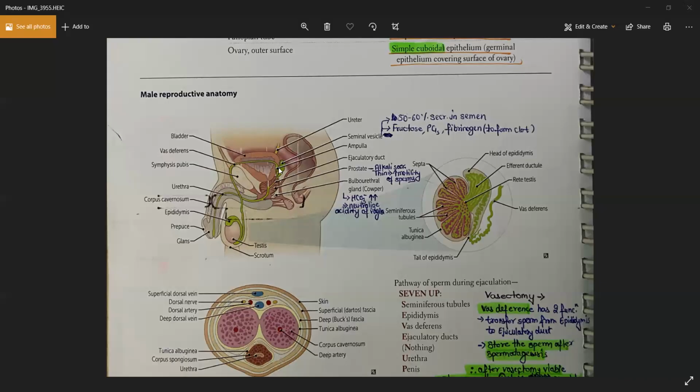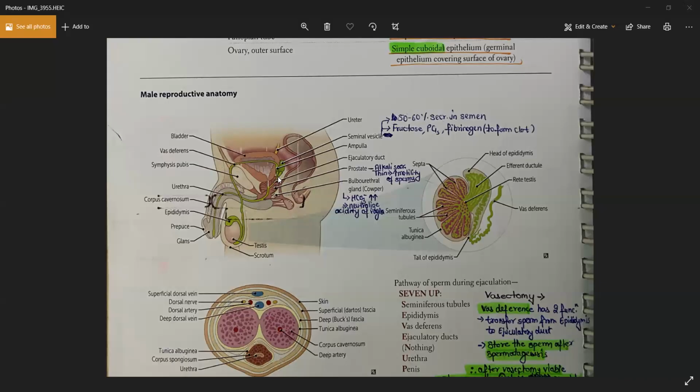On the posterior side, this vas deferens will meet with the seminal vesicles. And please note, almost 50 to 60% of the secretion in semen consists of the secretions secreted by the seminal vesicles. It secretes fructose, prostaglandins, fibrinogen, and all other things. So the major secretory part is the seminal vesicles. Now, when this vas deferens meets with the seminal vesicle, it forms an ejaculatory duct, as you can see.